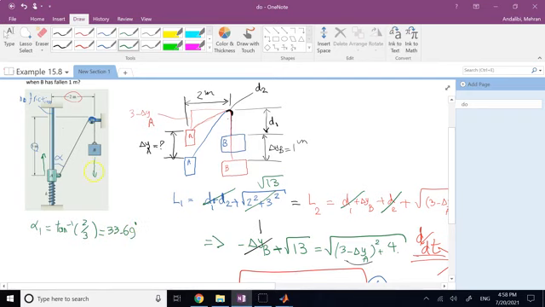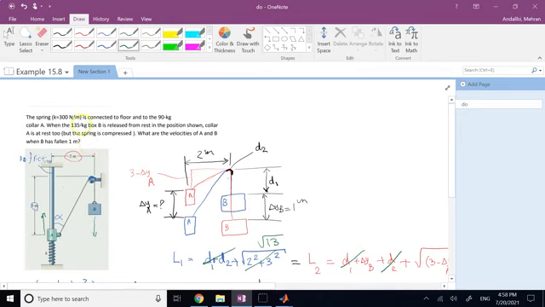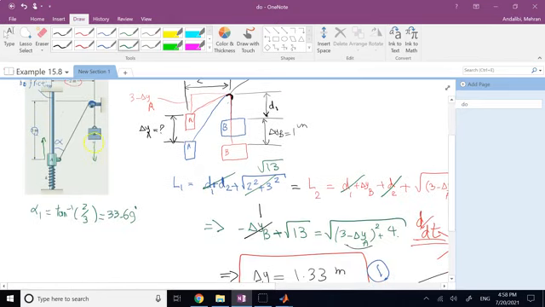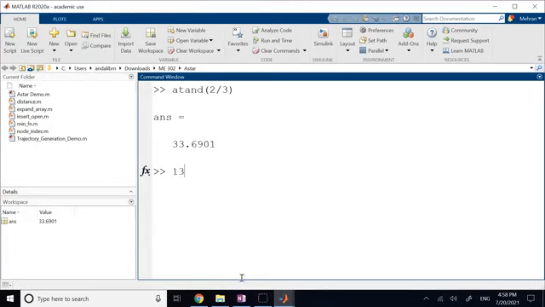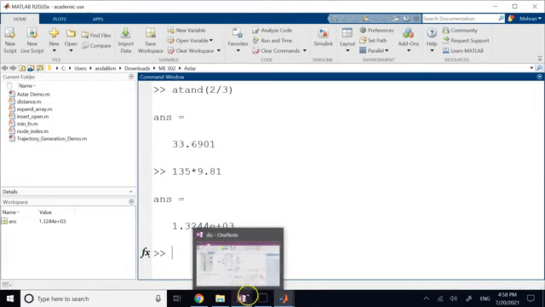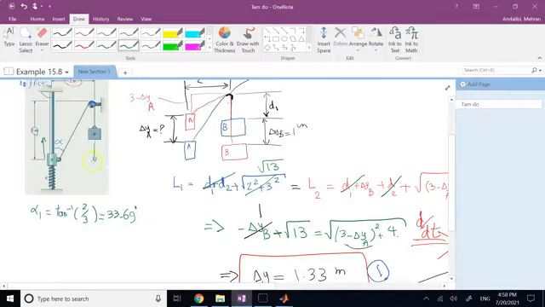Good. Now, the weight of B is 135. So this number here, mB g, is 135 times g. Correct? So let's do that. 135 times 9.81 is 1324.4. So this is 1324.4 Newton.